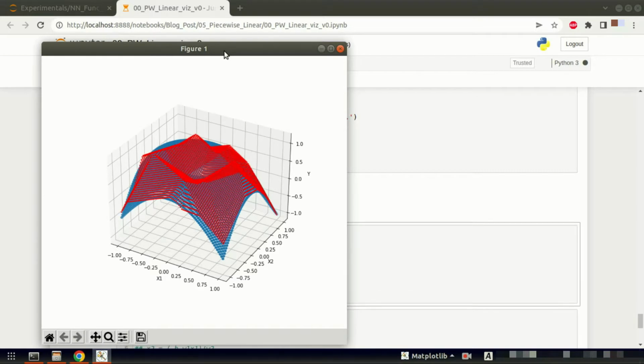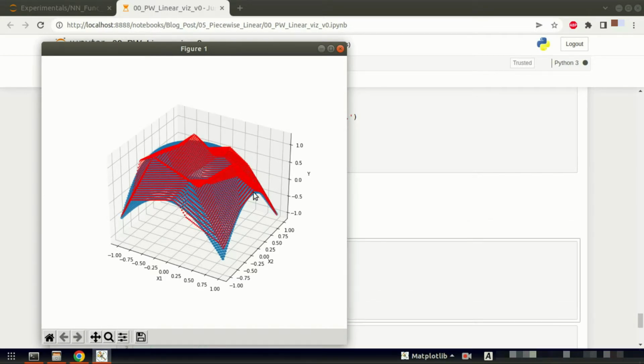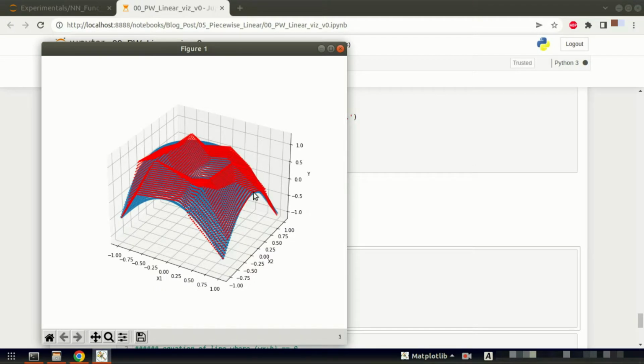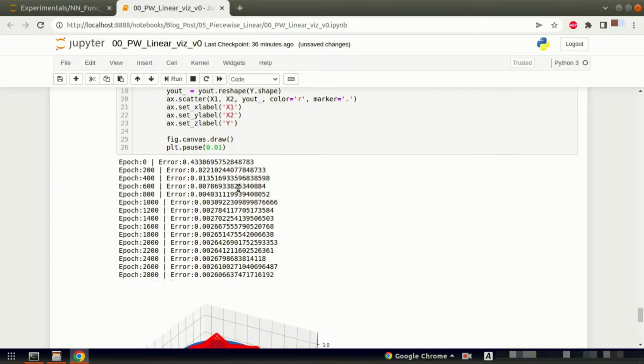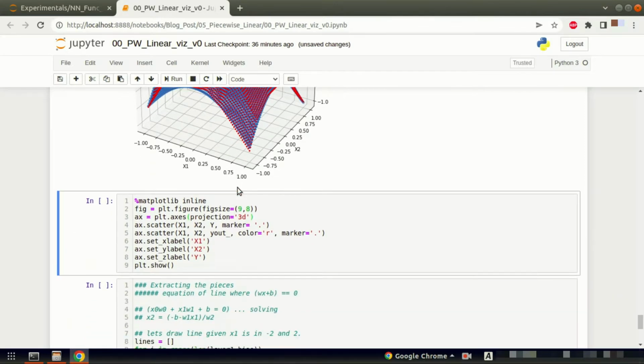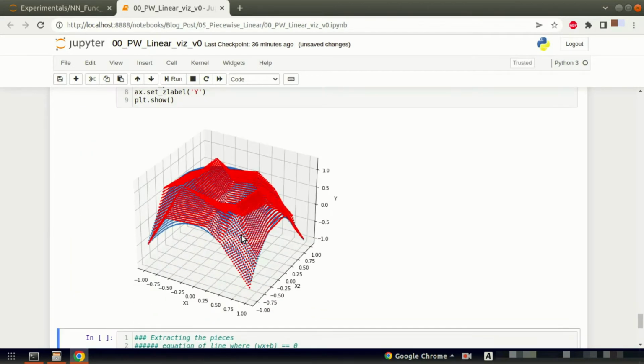Yes, so this piecewise function is being fit to this given data. It is taking some time, but you can see here there are multiple pieces, and a ReLU based MLP produces such a piecewise function, right? You can see here there are pieces. There is one piece like this one, and here is another piece like this here.